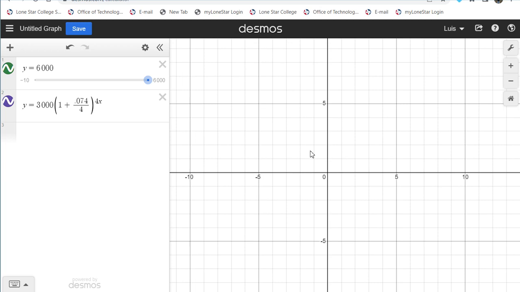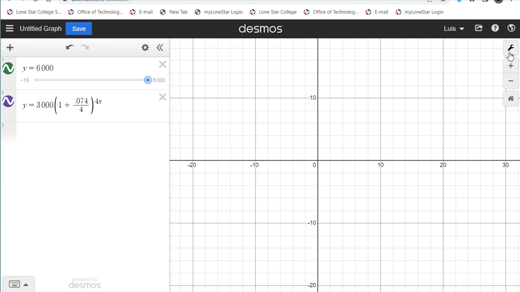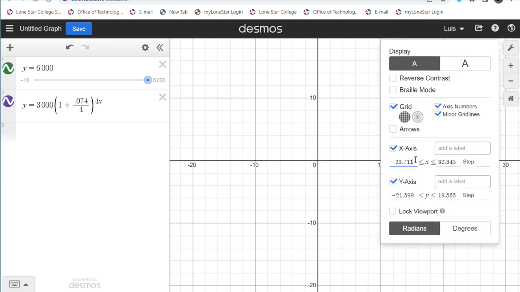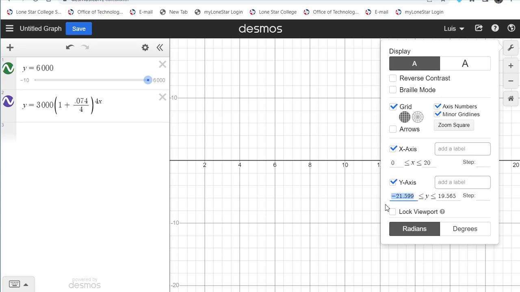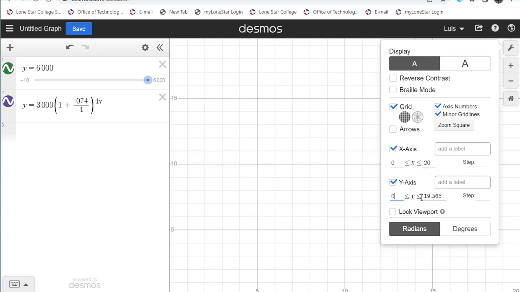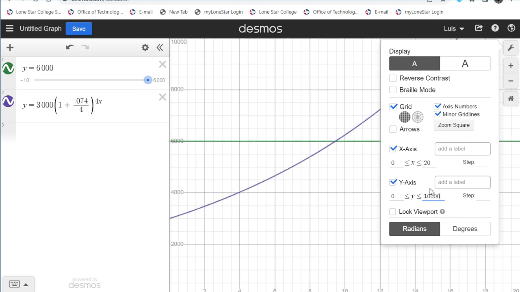And now, let's go ahead and set the window. Now, x is going to be the number of years, so 0, and we'll do like 20 maybe. Now the y-axis needs to be from 0 to at least like 10,000 maybe.